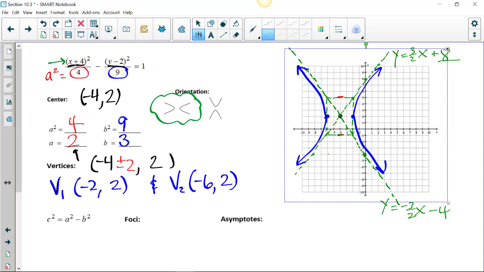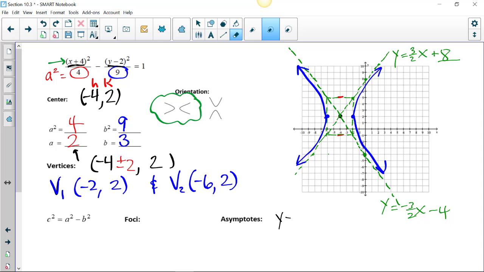So for the asymptotes, our standard equation is y minus k, the y coordinate of the center. Remember, this is (h, k). The only point we know on the asymptotes equals the slope times (x minus h). So it's y minus 2 equals 3/2, since I can see my slope here is 3 over 2.